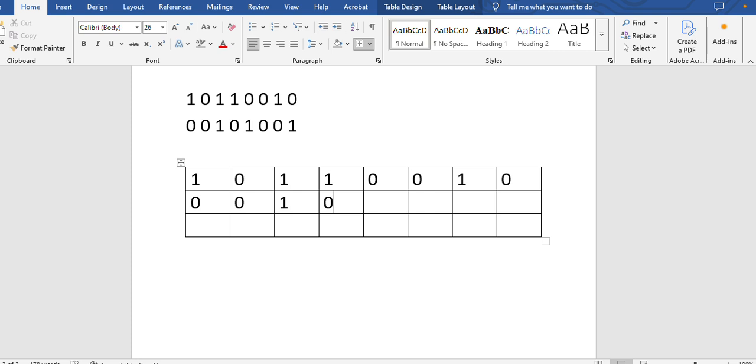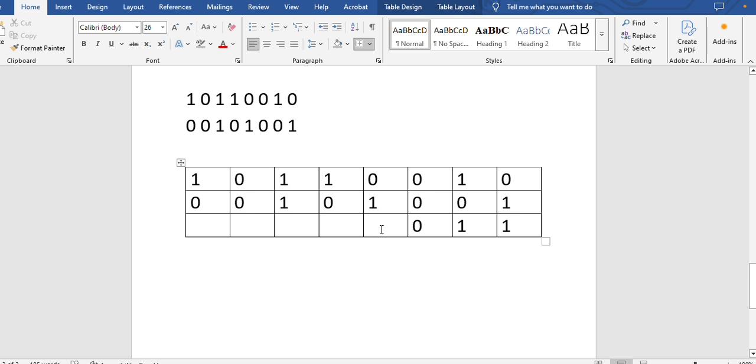Let me insert another. Insert below another row. Let me clear this. So this one is 0 0. But in your exam you don't need to draw the table for this one. You can just calculate as long as you arrange the values correctly.